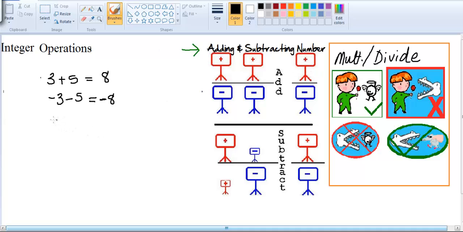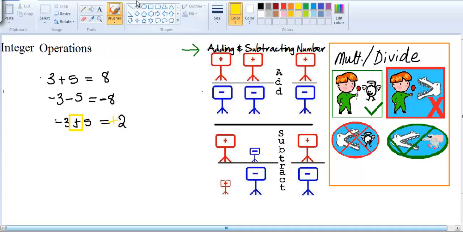But if you have different signs, for example, negative 3 plus 5, this becomes a subtraction problem because they have different signs. So you take away, just do big minus small. 5 minus 3 is 2. But you always keep the sign of the bigger number. So since 5 is the bigger number and is positive, your answer is positive.